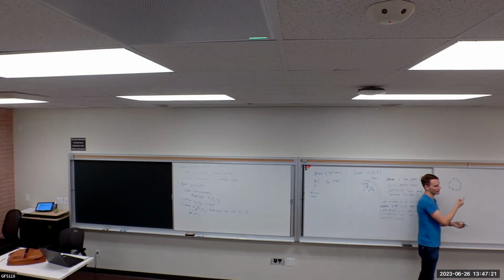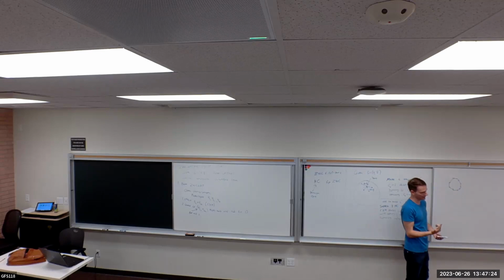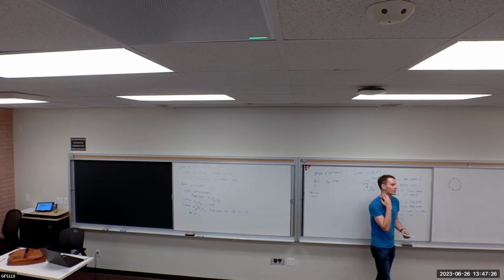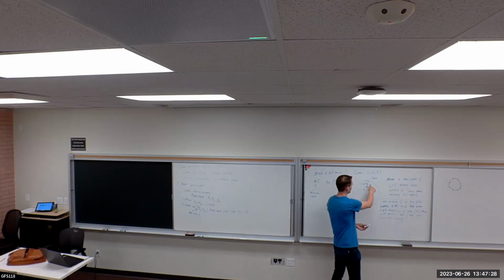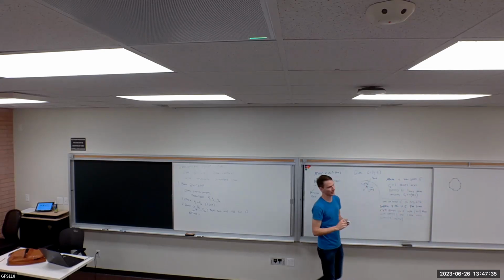Every node has exactly 1 in edge and exactly 1 out edge. So if I look at V start, it'll only have a single edge in the Hamiltonian cycle pointing in. All of the rest of them will be capacity 1 edges.